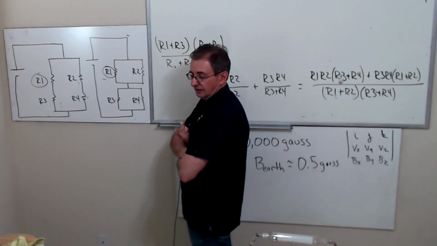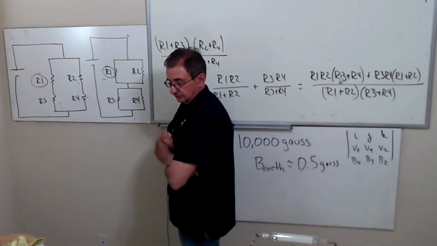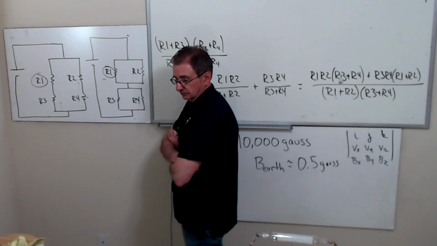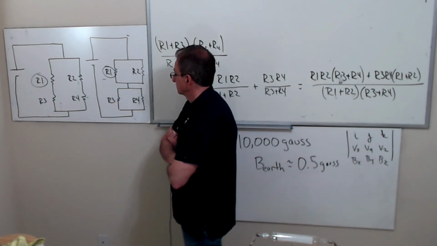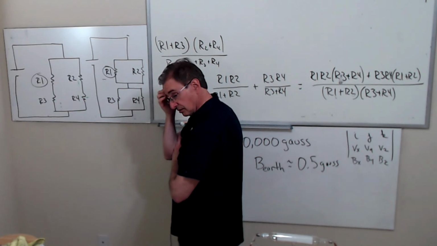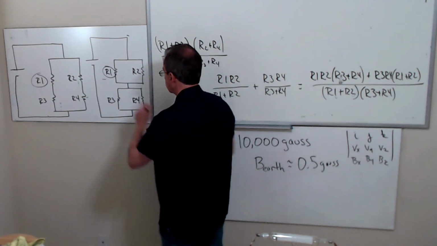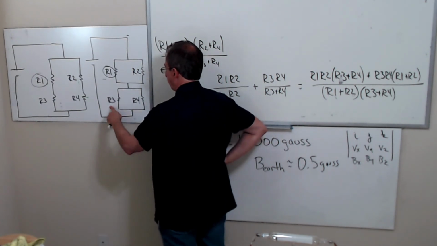R1, let's see. The voltage across R1 also increased. Okay, so it was higher. So this is higher, but this one went lower.